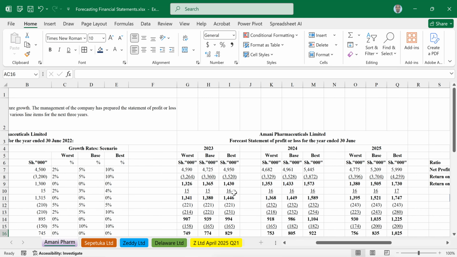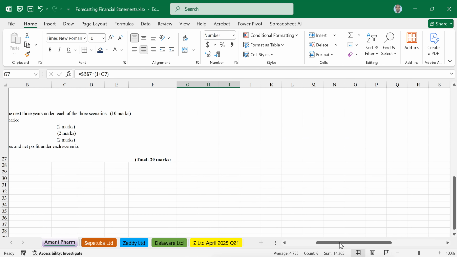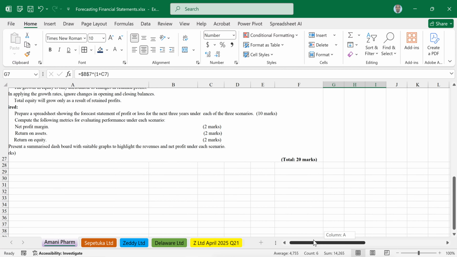Now, this is what you do for the chart. Pick for 2023 the scenario. Control key, the revenue. Remember they said revenue and net profit under each scenario.